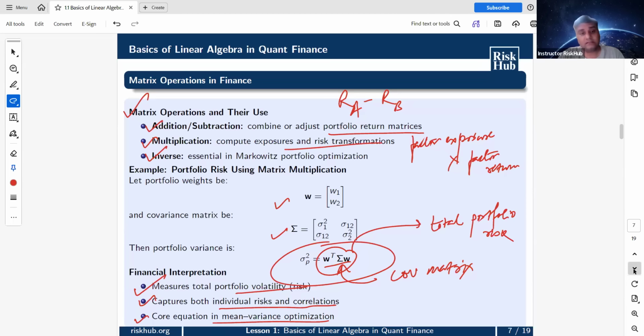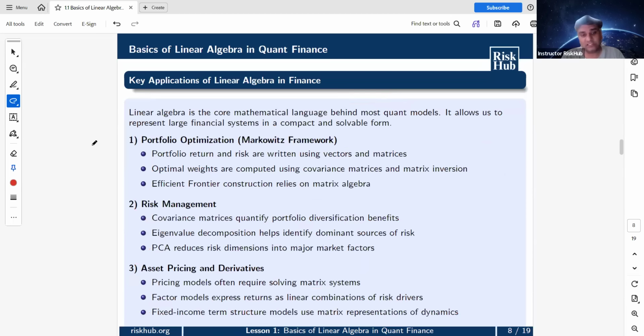Then we go ahead and talk about key applications of linear algebra in finance. How the chapter joins everything together is that portfolio optimization, portfolio return and risk are written using vectors and matrices. Expected return comes out as your weights times mu, right?